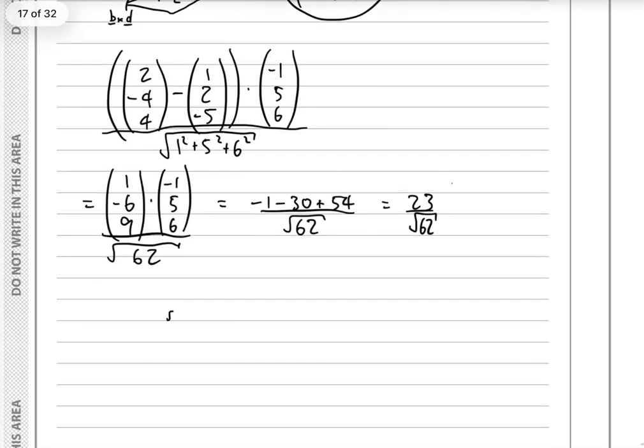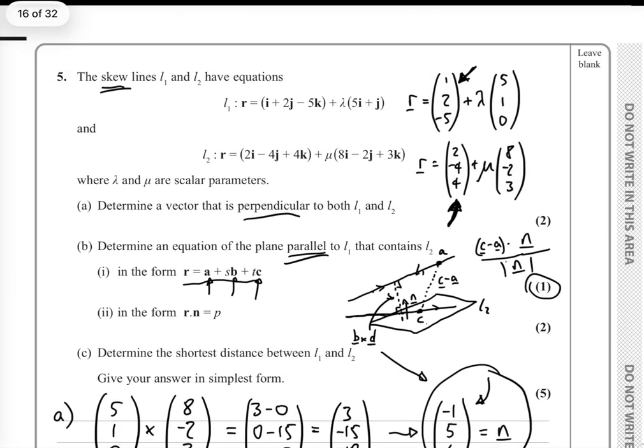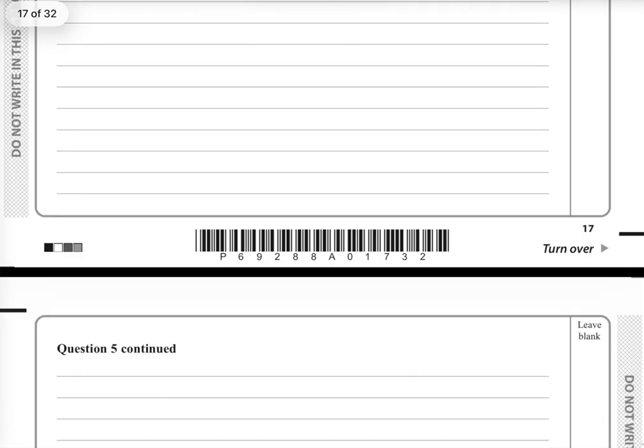So the shortest distance, you can write like that, or if you don't like the square root in the denominator, you can write like that. And that was part C finished. On to question number 6.